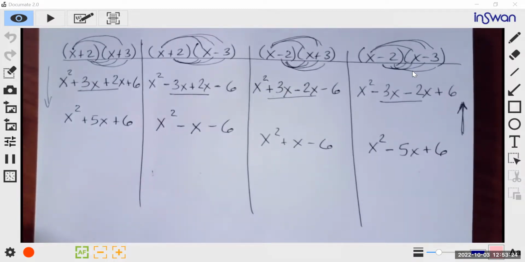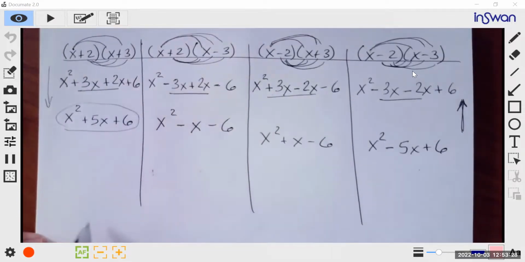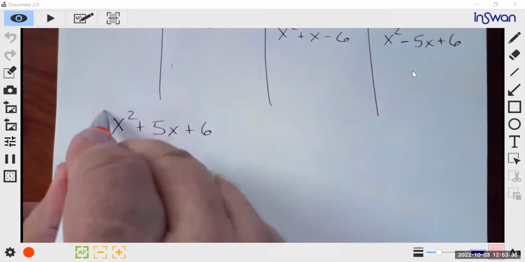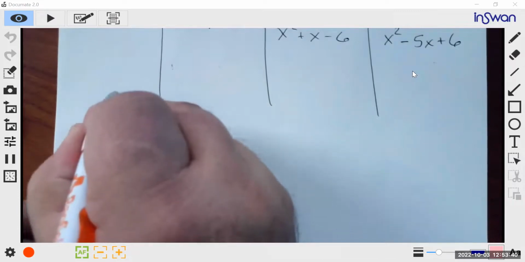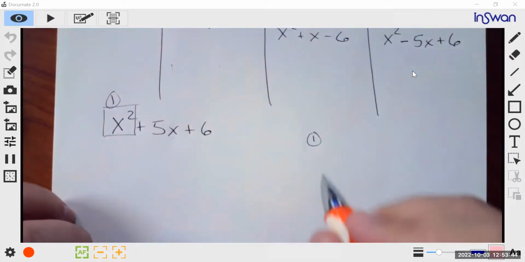But before we do that, I want you to look at patterns here. Let's look at this first one. The first thing I want you to look at is the first term. What does that tell us?